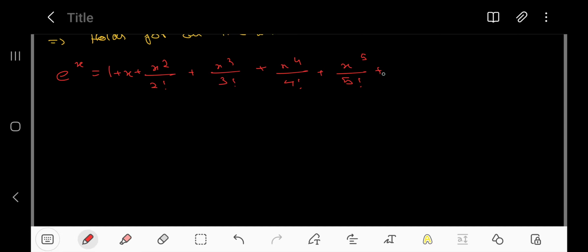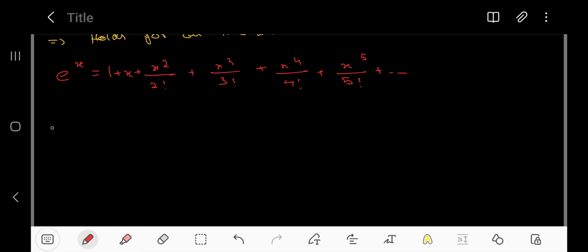So notice that, from the Taylor series expansion we have the following series. We have e to the power x to be 1 plus x plus x square upon 2 factorial plus x cube upon 3 factorial, sorry, I missed the x part, plus x to the power 4 upon 4 factorial plus x to the power 5 upon 5 factorial, and so on, right?